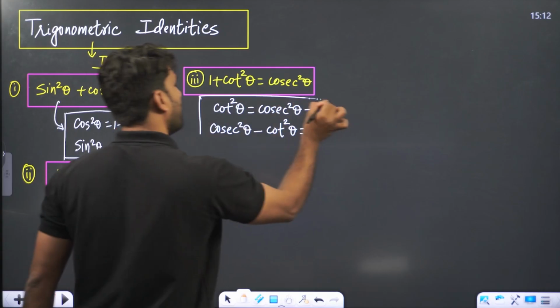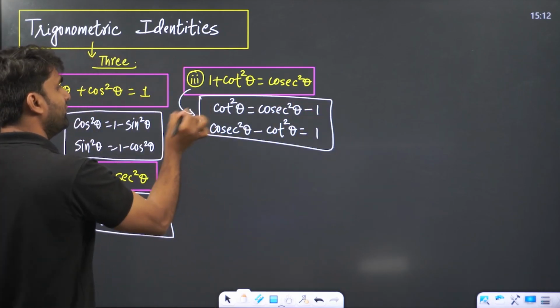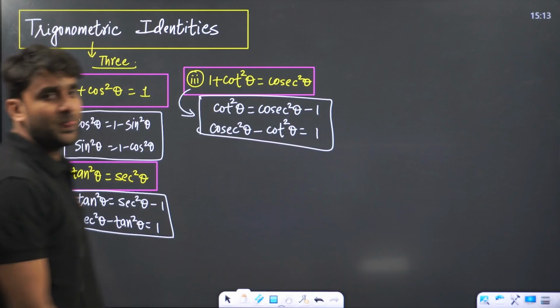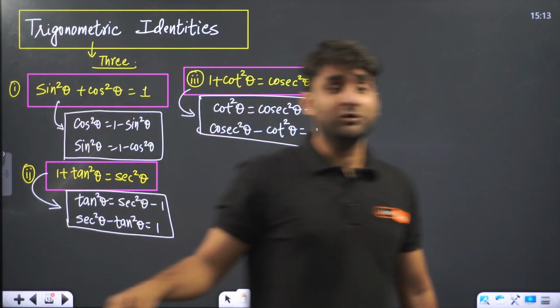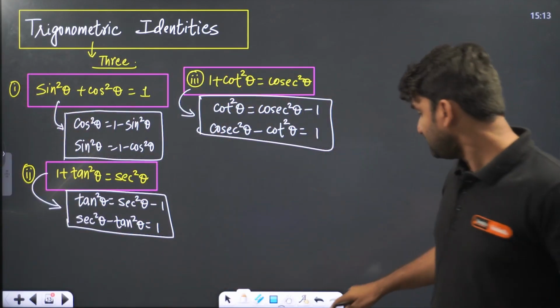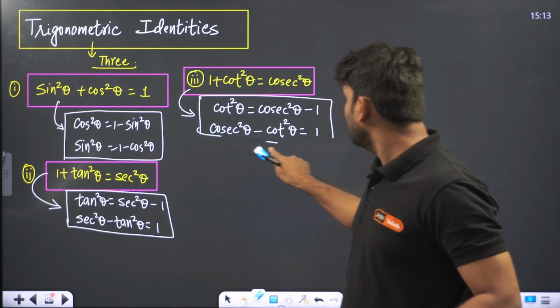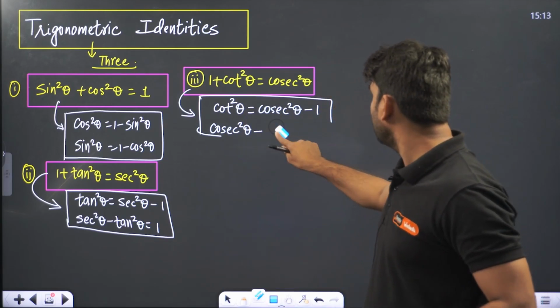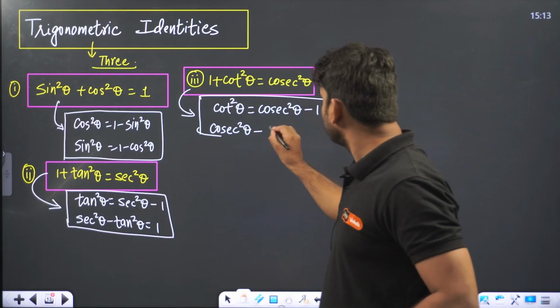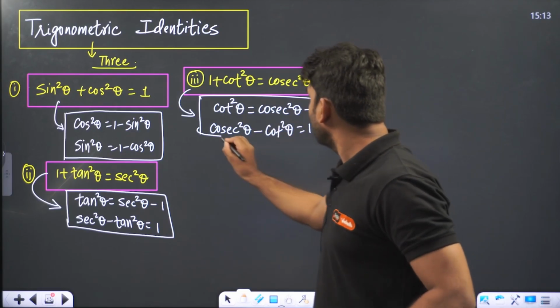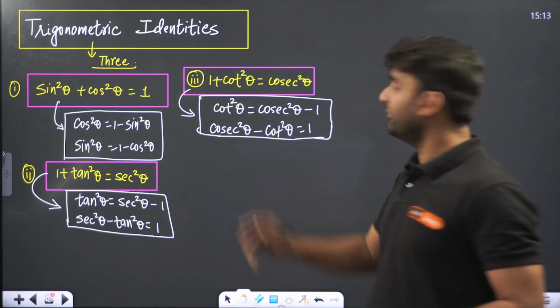So two forms of this, two forms of this, and two forms of this, and the pink color boxes are the main identities. Clear, everyone? I hope this is clear for everyone.